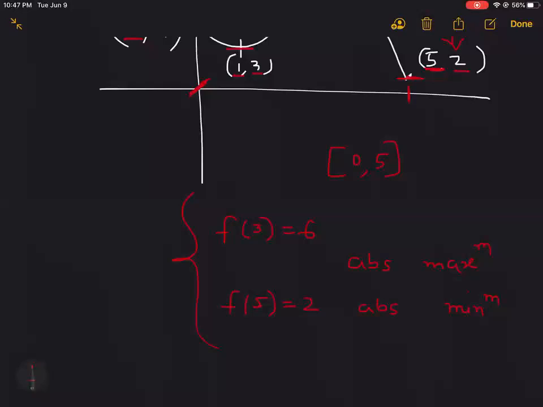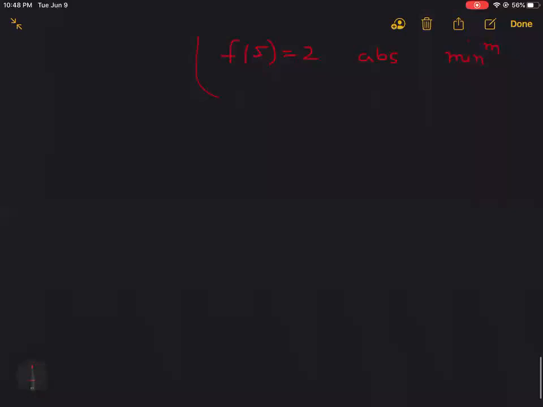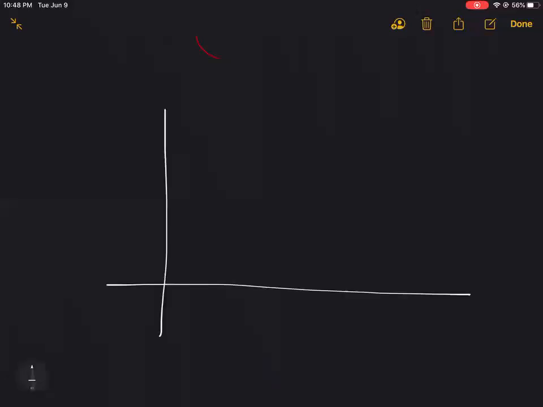Now, let's say I have a graph like this. One more example on this. Let's say there is a hole here.